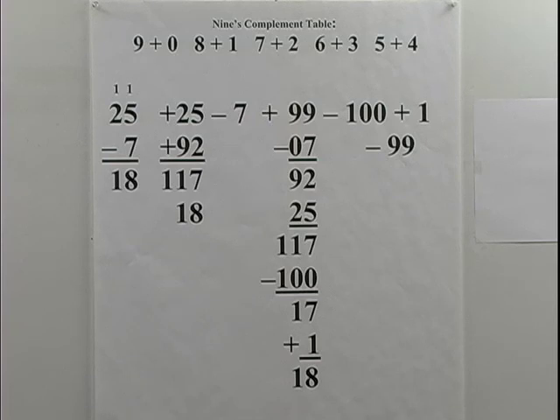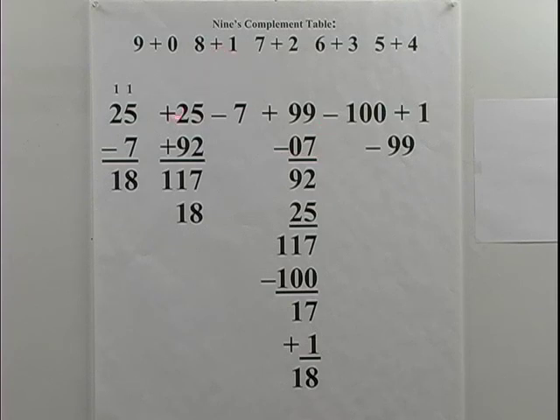We have to add as many leading zeros as we need in order to make the subtrahend and the minuend equal in number of digits. 7 from 9 is 2, 0 from 9 is 9. So this number 92 is precisely the 9's complement of that subtrahend 07.